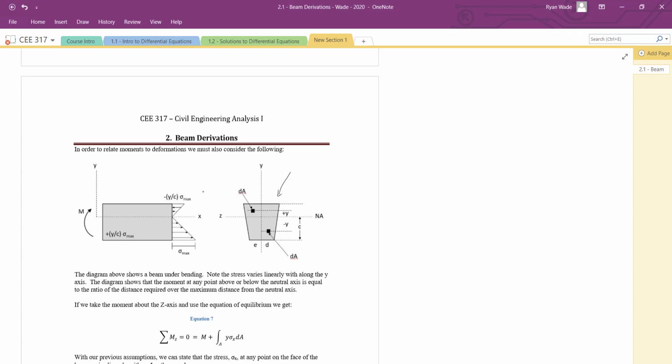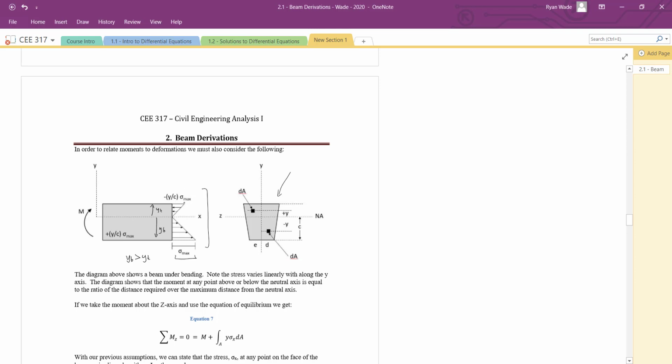If we take that property and look at our stress profile, because the distance y to the bottom is greater than the distance to the top, let's call them yb and yt, yb is greater than yt, then we have a maximum stress at the bottom in this case.